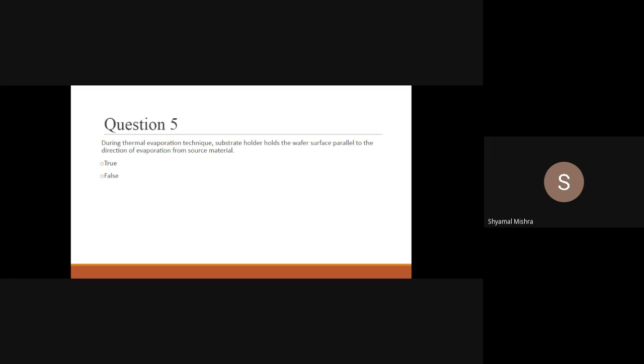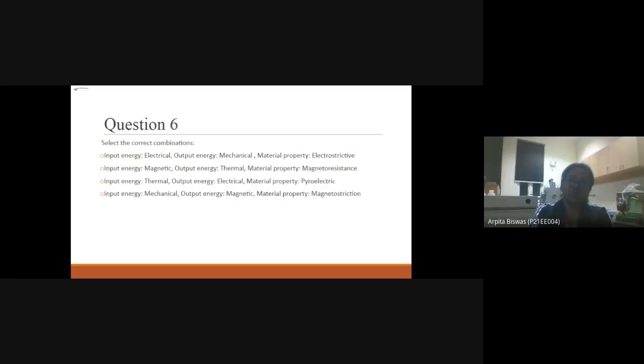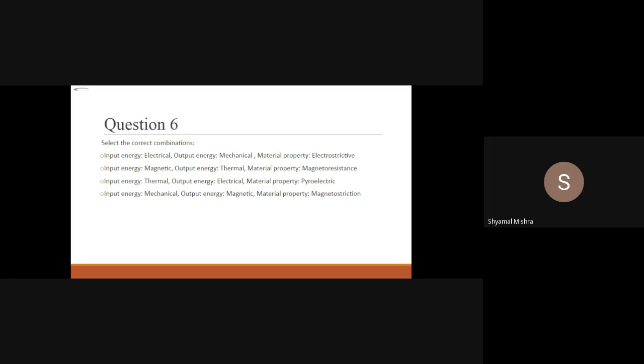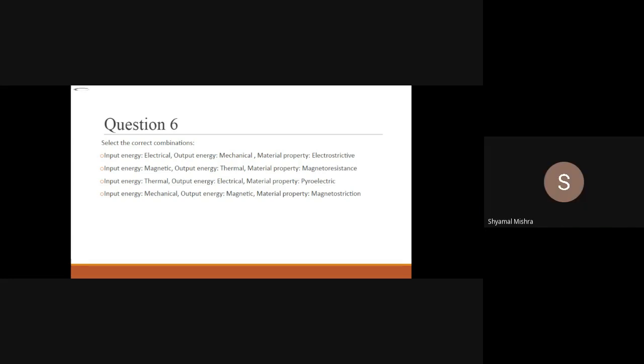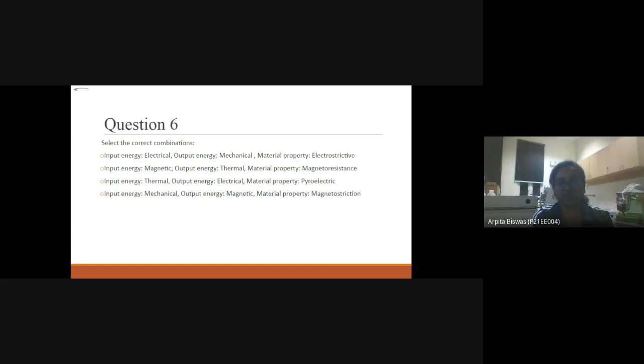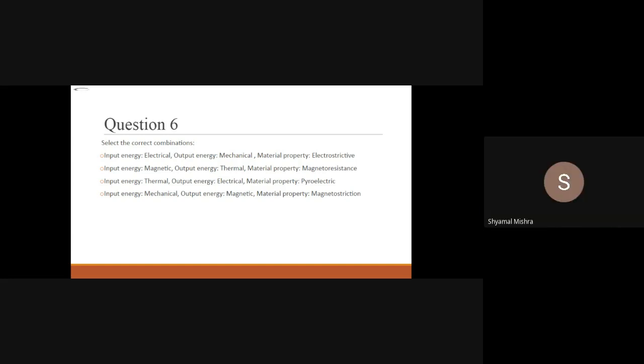Next, we are moving toward question number 6. Select the correct combination. The first option shows that if the input energy is electrical and the output energy is mechanical, then the material property is electrostatic. The second option is that the input energy is magnetic and the output energy is thermal, then the material property is magnetoresistance.